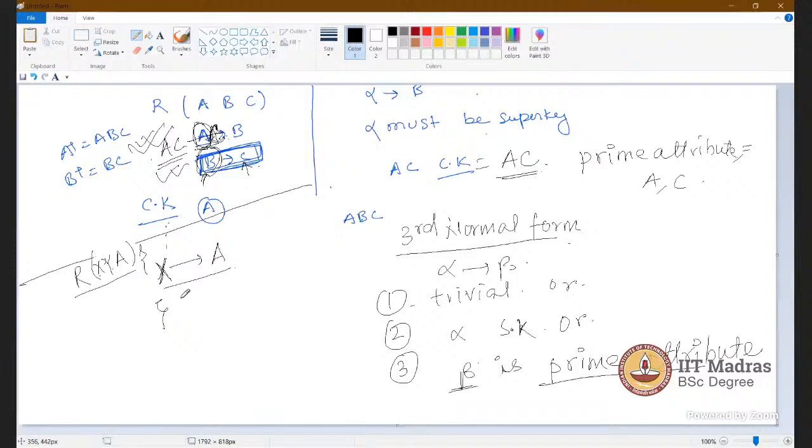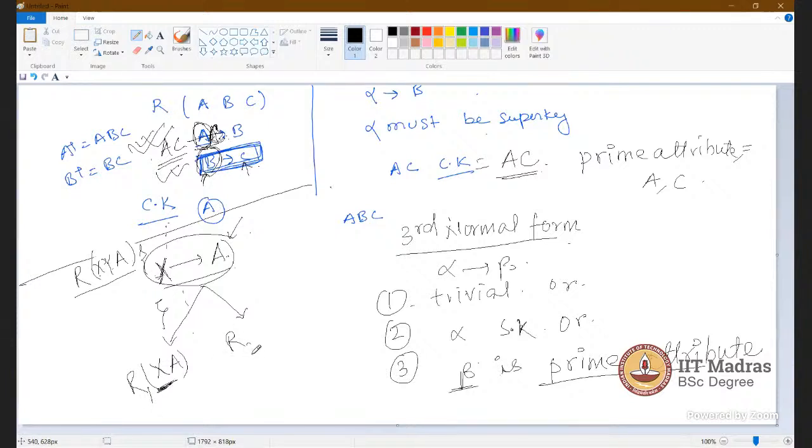And there are so many other functional dependencies here, right? So this particular functional dependency violates the BCNF condition. For that decomposition, we take this particular functional dependency that violates the BCNF condition as a relation R1, and make X the super key or the candidate key for this particular relation.